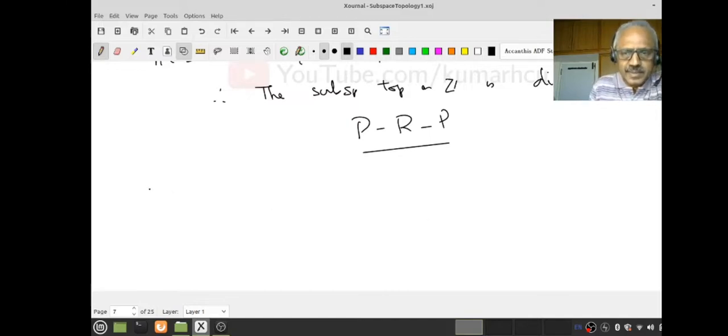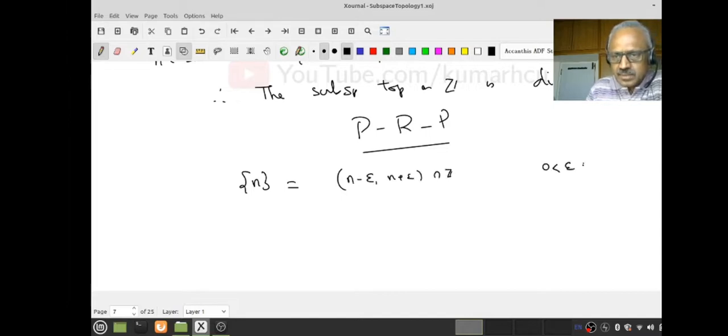Okay, now notice that this singleton n is n minus any epsilon to n plus epsilon intersected with Z, as long as 0 is less than epsilon less than 1, right? Therefore, if you call this U epsilon, now what I am trying to show, you understand?